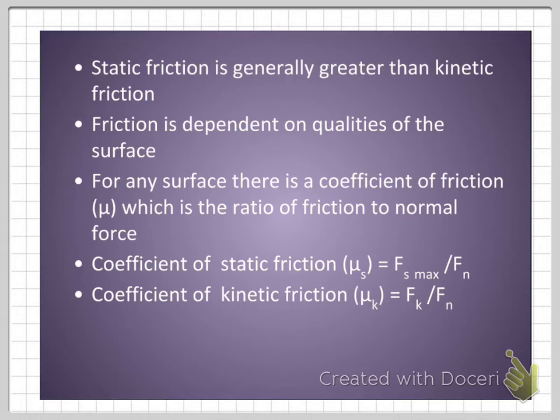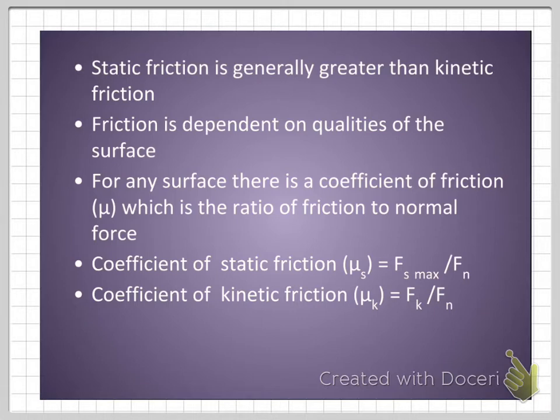Friction is entirely dependent on the surfaces involved. So for every surface-object pair, we have what's called a coefficient of friction. It's the ratio of friction to normal force. Mu s is equal to the maximum force of static friction divided by normal force.